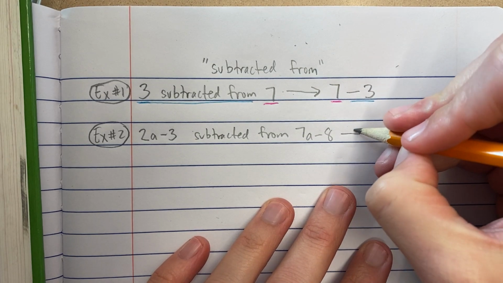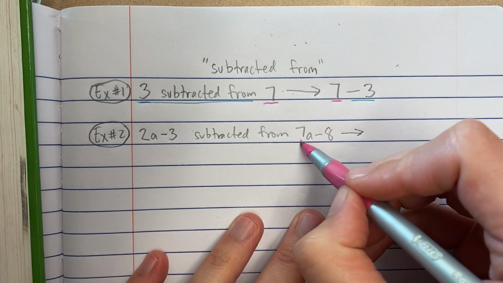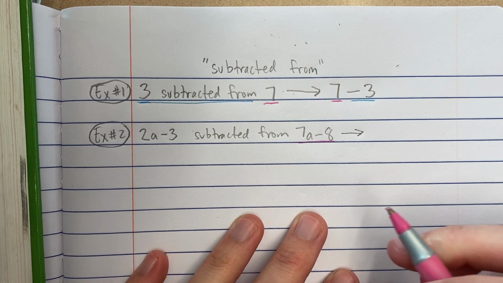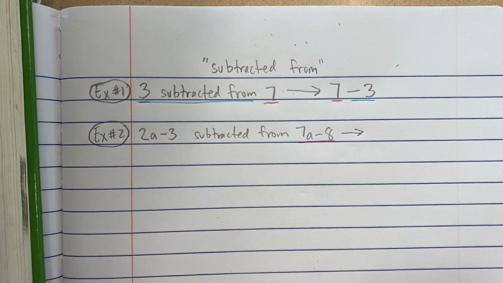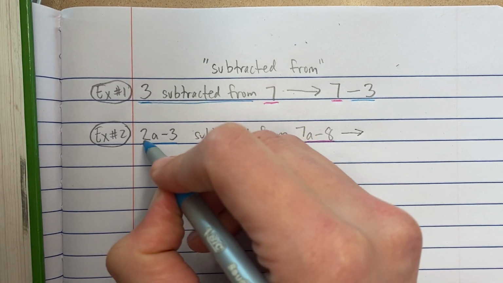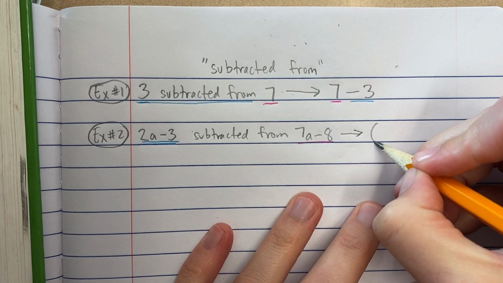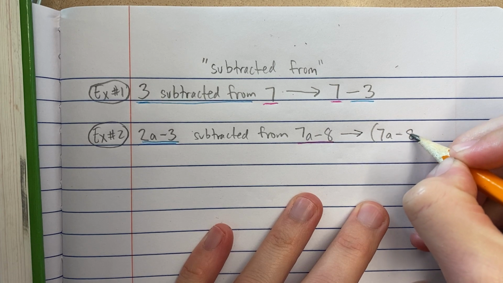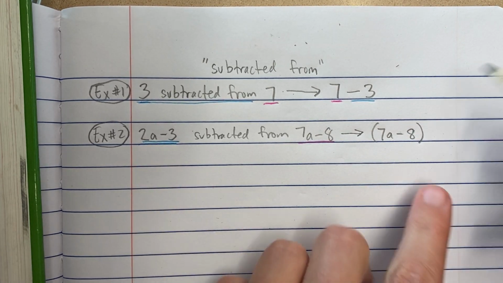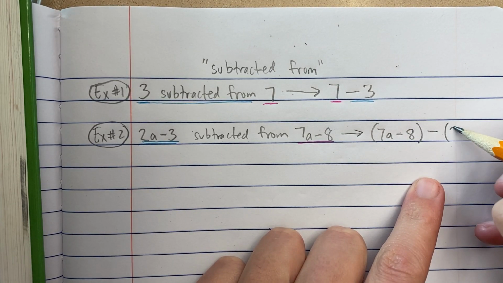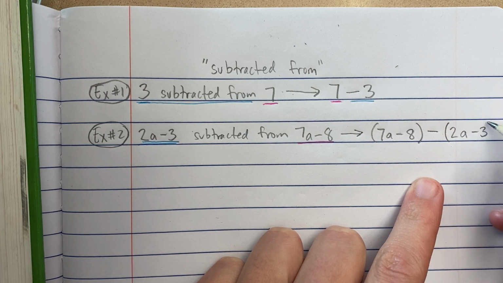Look, this is what we're starting with. We're starting with 7a minus 8, and then we're going to subtract this from it. So that looks like 7a minus 8, and then I'm subtracting this. Now what would I do?